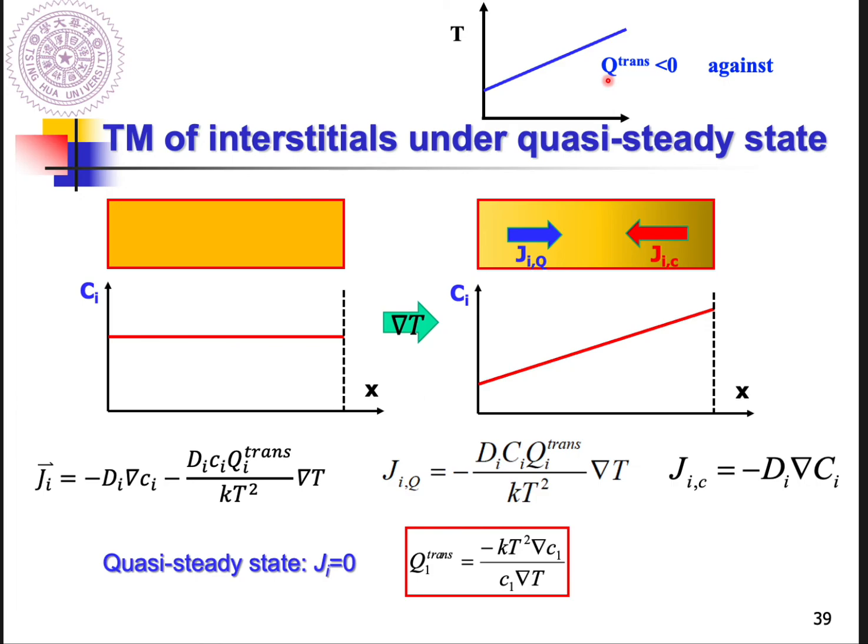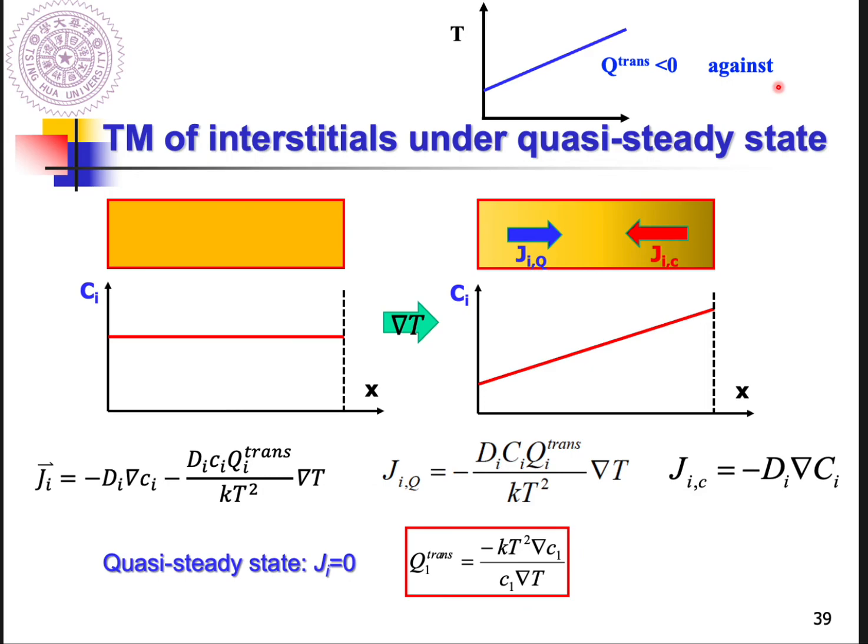So the sign of the heat of transport tells you the direction of the moving species. In this case, it is against, because the atoms in the beginning are uniform, right? And after I apply this temperature gradient, I observe the atoms pushed from low temperature toward high temperature, against the temperature gradient.